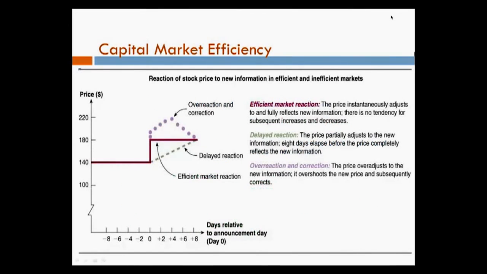But anyway, this is how markets react. In a completely efficient market, this is the point of the earnings announcement. It finds its new level, either above or below. This is just saying above. And then at that moment in time, it will just trade at that new market price. One of two things generally happens. Either there's an overreaction to positive news, and it goes up above where it should, and then has to find its way back to its new appropriate level.